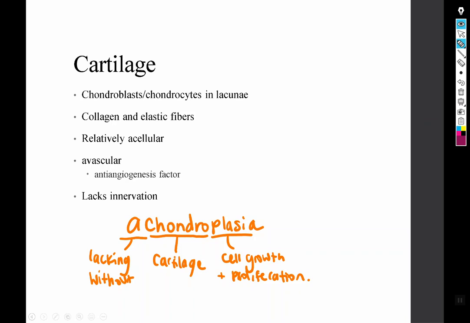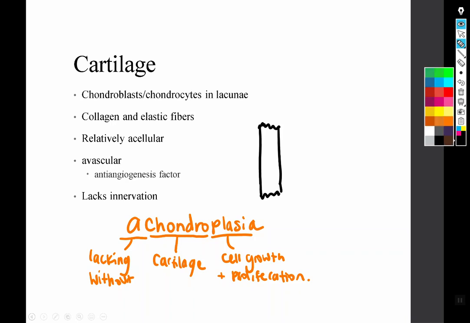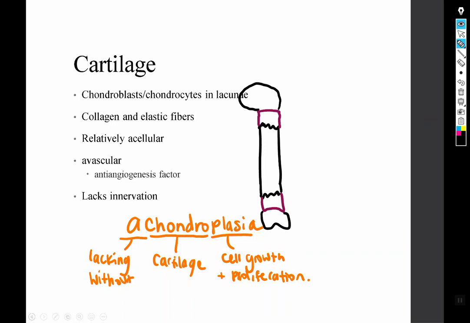So in a typical bone, there's the central area, which is the shaft, and that's usually ossified. And then there's this area of cartilage on either side. And then there's a bony end that also has some cartilage at the joint.